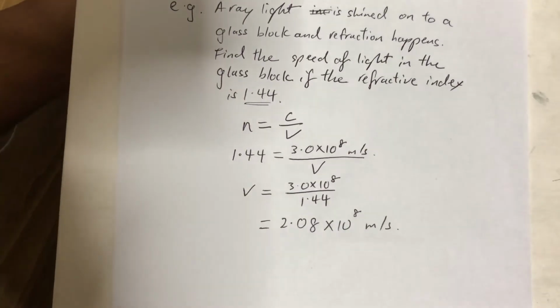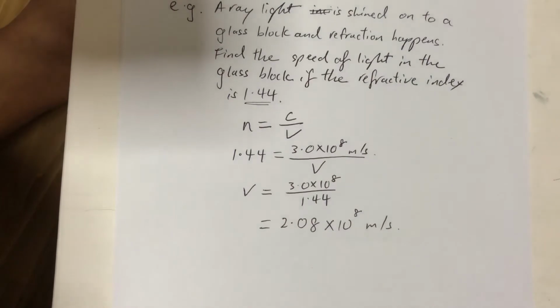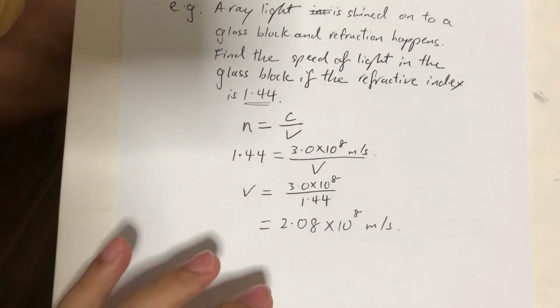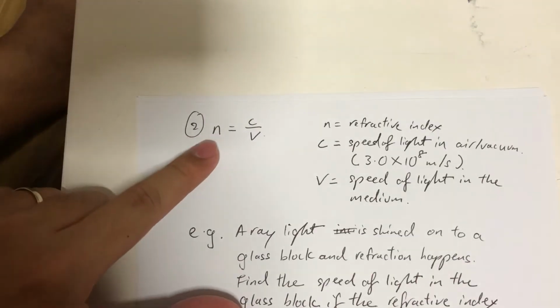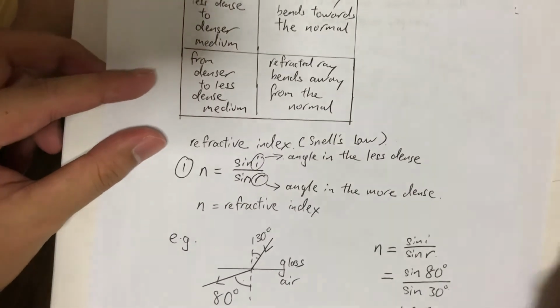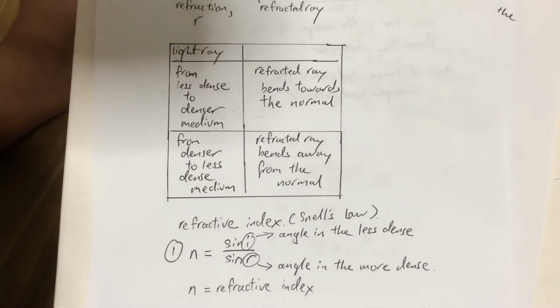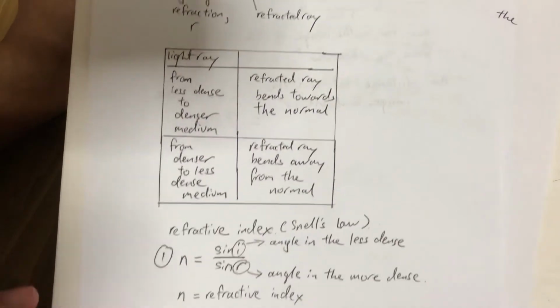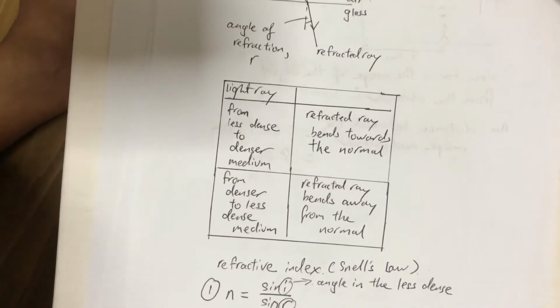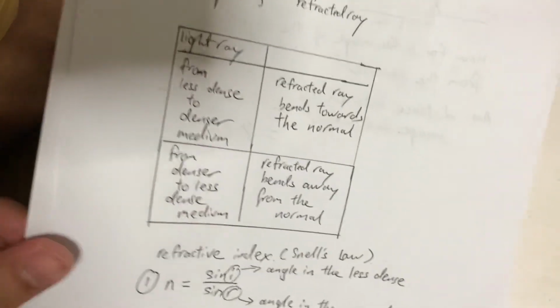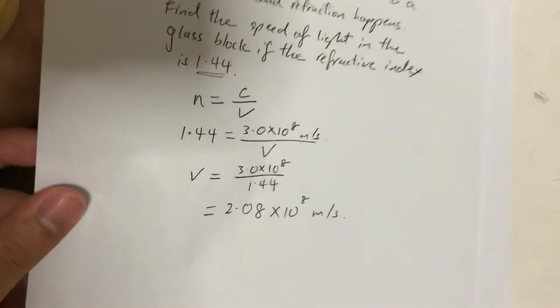So with this in mind, we now know that there are 2 formulas that we can play around with: n equals c over v, as well as the other one, which is n equals sine i over sine r. Hopefully this will help you in your understanding of refraction for a start.